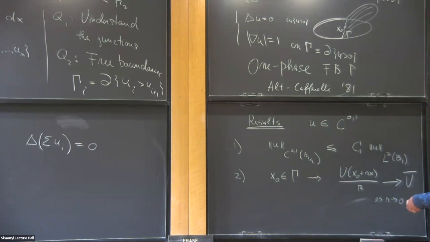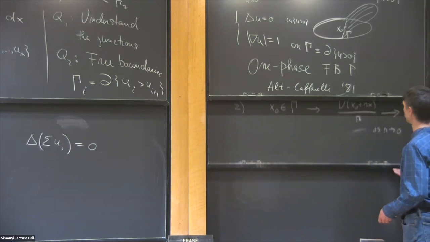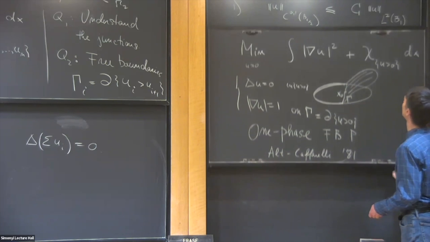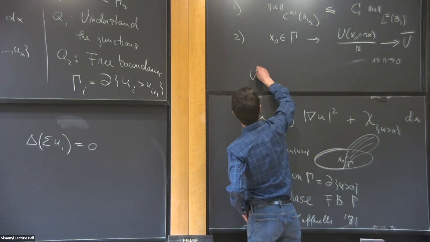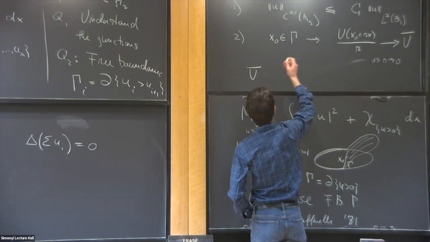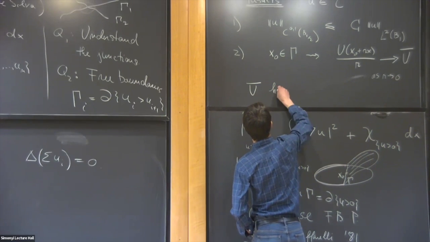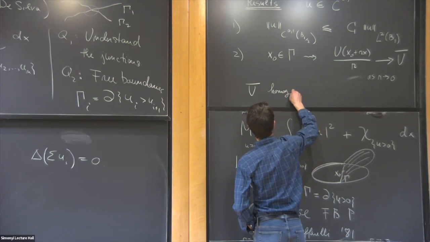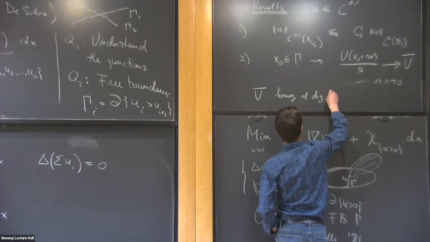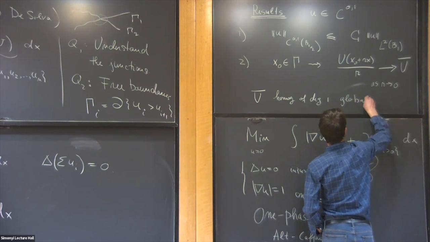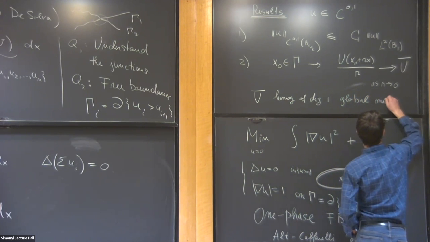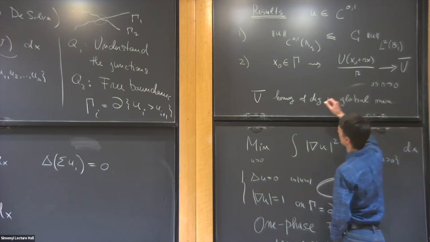And this u bar is homogeneous of degree 1 global minimizer. And we call this a cone.